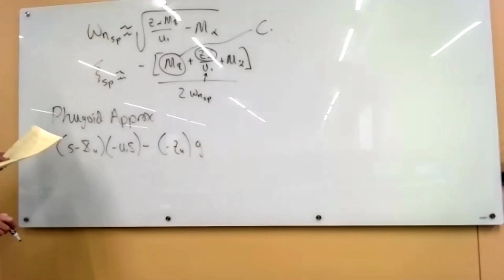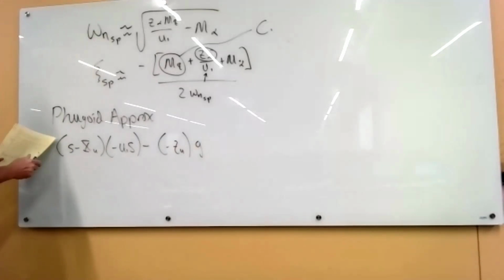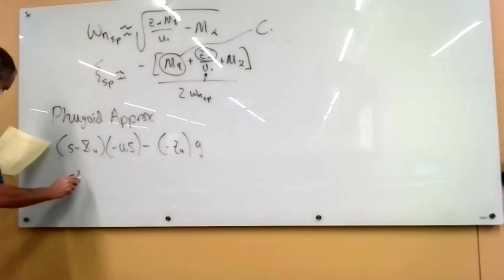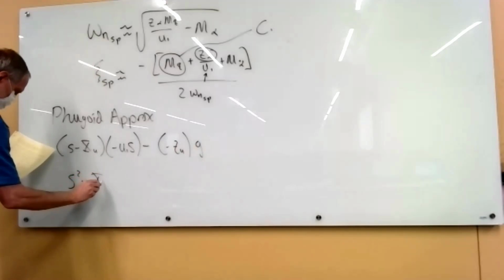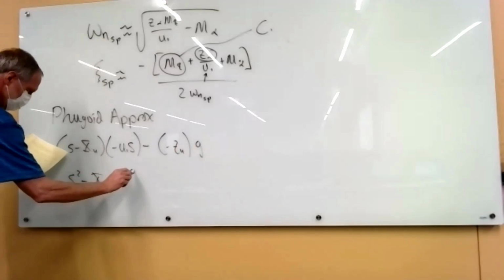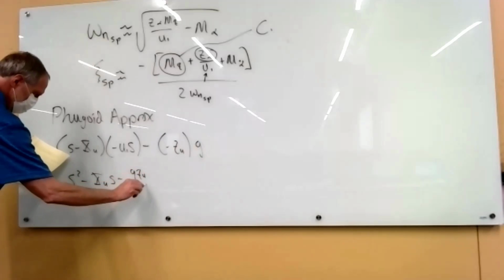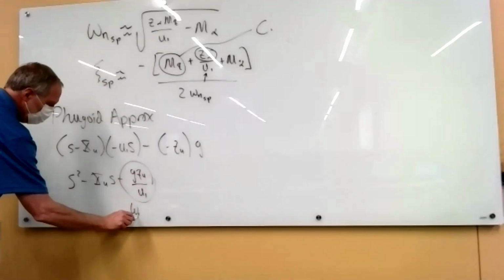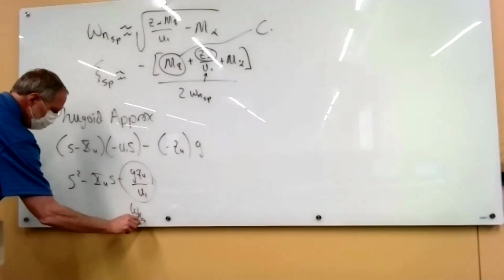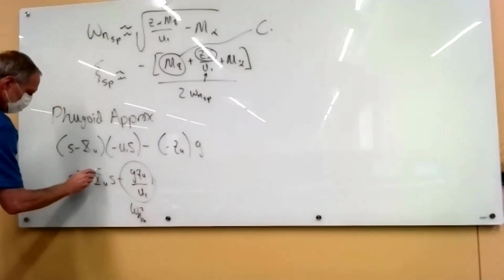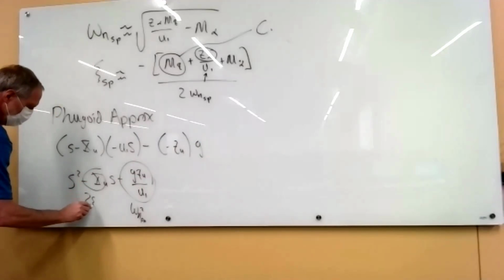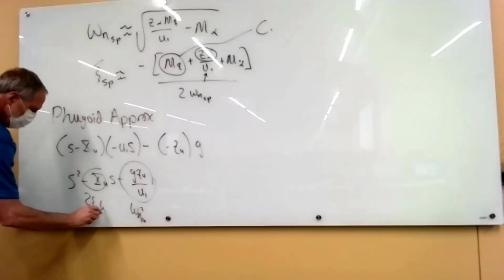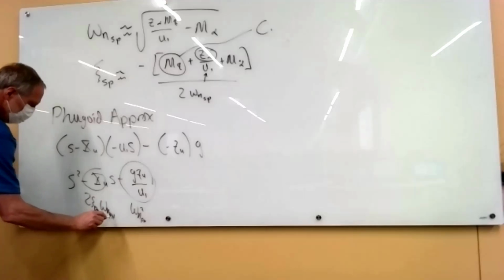this one's even easier. You multiply it out, divide by U1. And then this thing is the natural frequency squared. And this thing is twice the damping ratio of the Phugoid times the natural frequency.